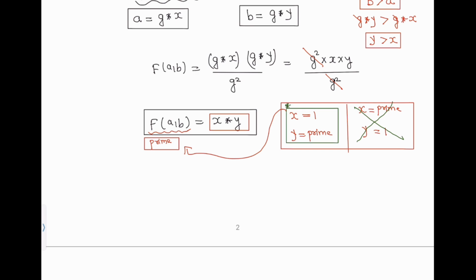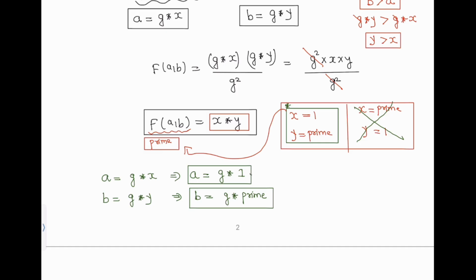Remember, we have to find pairs of A and B, right? So what was A equal to? A was equal to G multiplied with X and B was equal to G multiplied with Y. So this means that A will be equal to G multiplied with 1. Remember, we can only put X as 1. And B will be equal to G multiplied with Y, and Y will be some prime number.